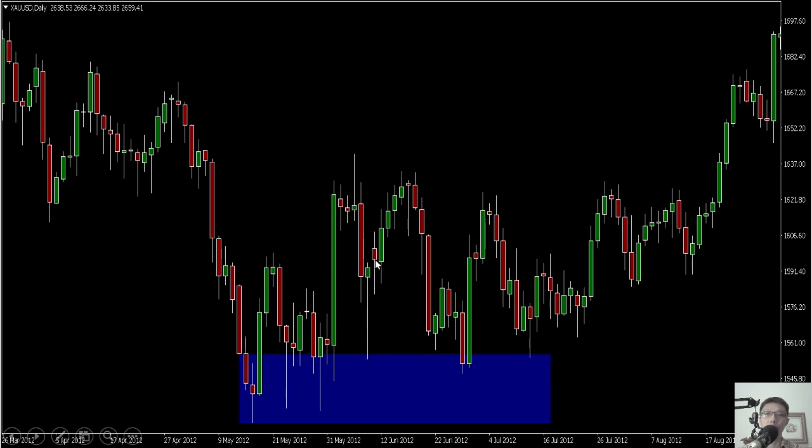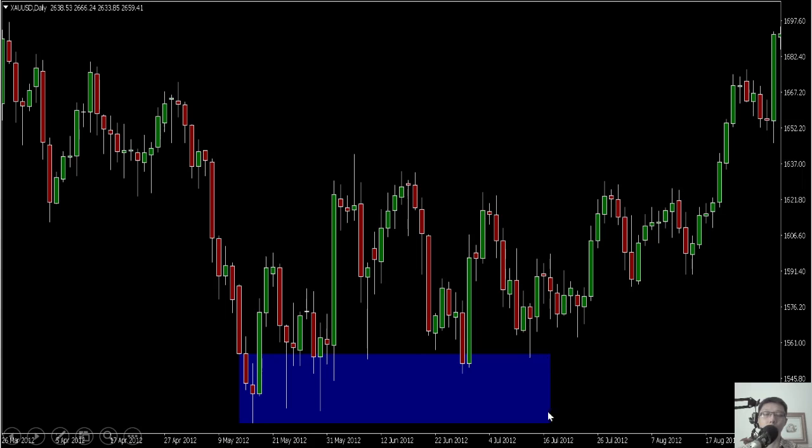Then sellers once again try to push the price lower, and buyers push again upward. Sellers push again downward, and then buyers win, so the price moves to the upside.